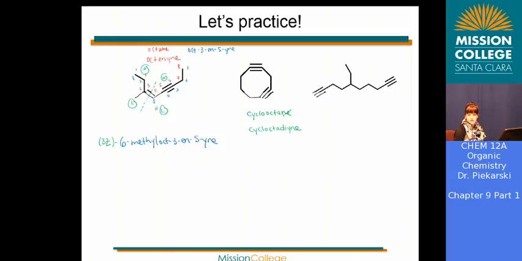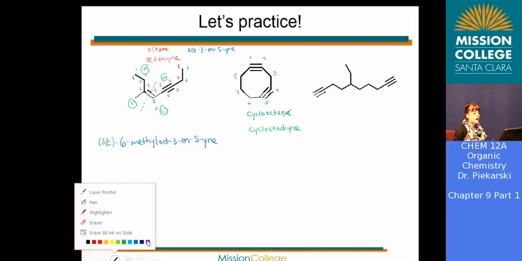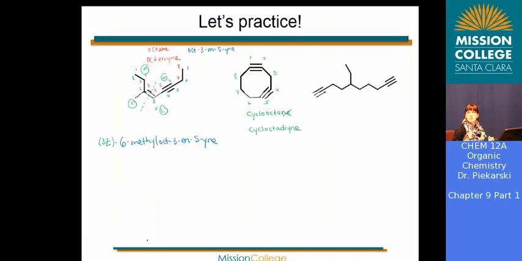And we have to number, right? So that's going to be what we got to do. And so 1, 2, 3, 4, 5, 6, 7, 8. We must number across the triple bond just like you have to number across the double bond, right? And then number it the other way. 1, 2, 3, 4, 5, 6, 7, 8.